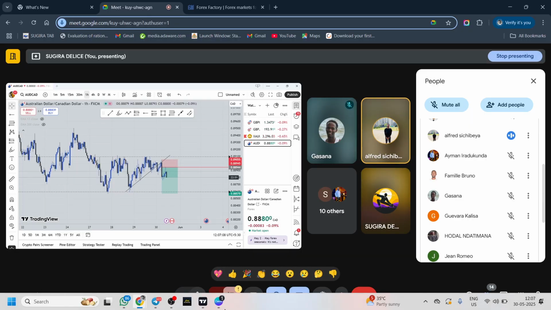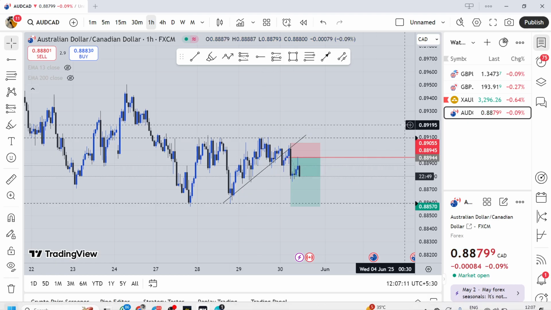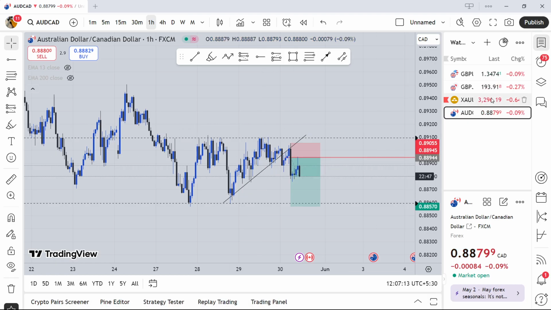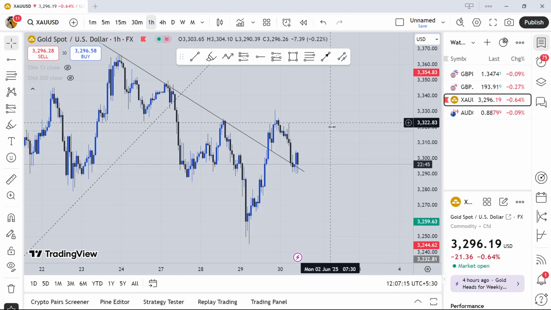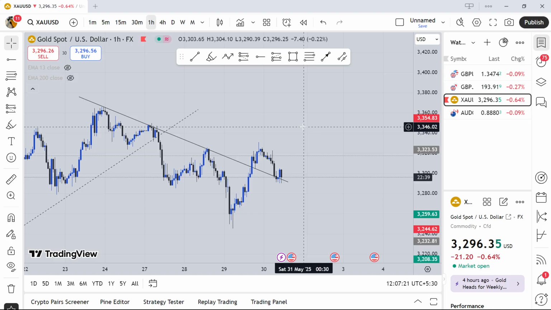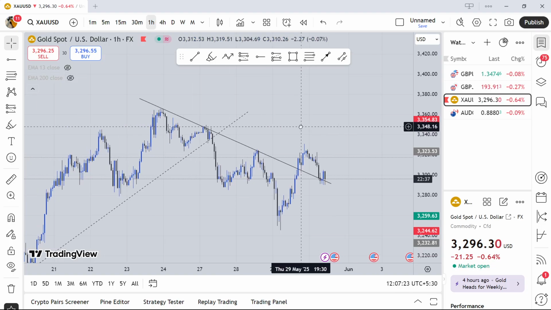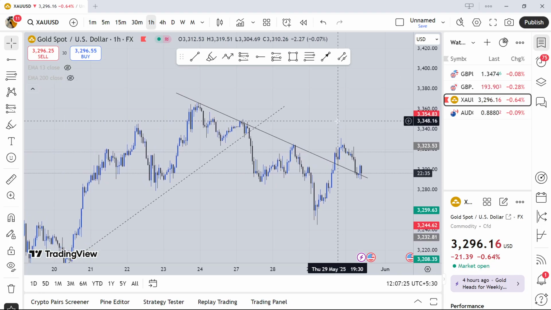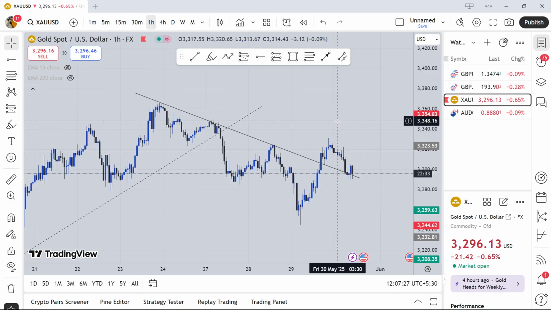I was analyzing gold, so since it's the one you're analyzing, I think it's okay. Oh, you had this one. Yeah, it's the same one which I had. All right. Anyone with any other setup?